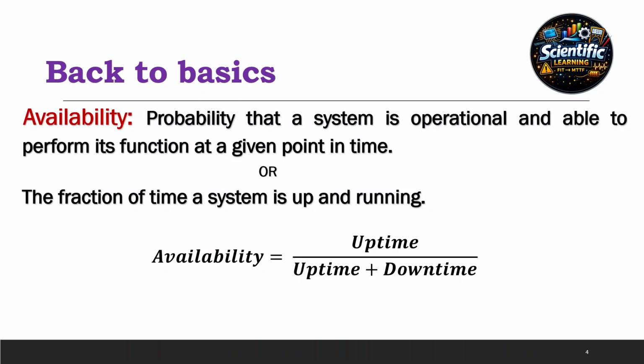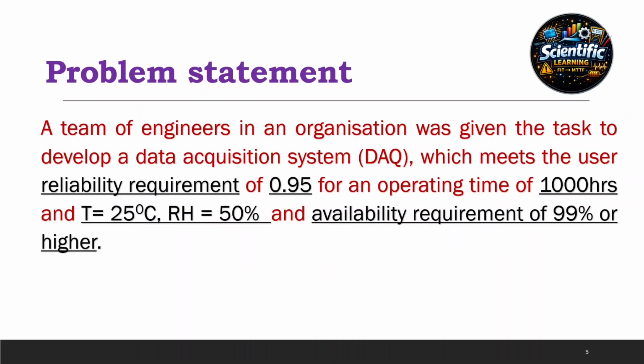With this basics, now let us look at the problem statement we will discuss in this video. A team of engineers in an organization was given the task to develop a data acquisition system which meets a user reliability requirement of 0.95 for an operating time of 1000 hours, and the environmental conditions the system will see will be 25 degrees Celsius ambient and relative humidity of 50%, and it also has an availability requirement of 99% or higher.